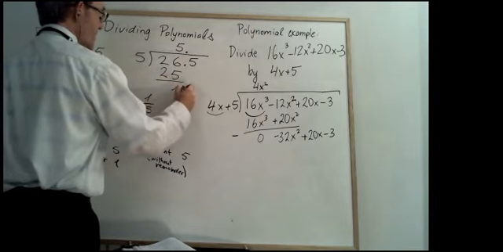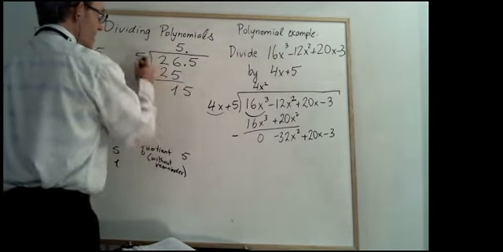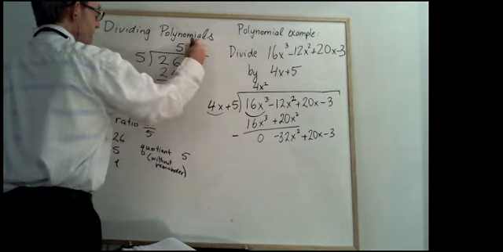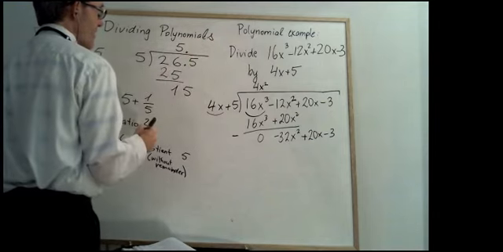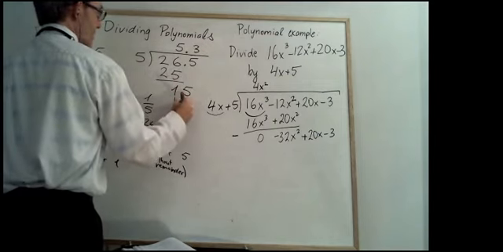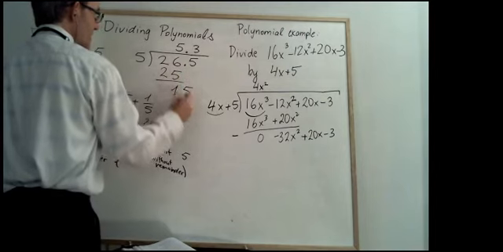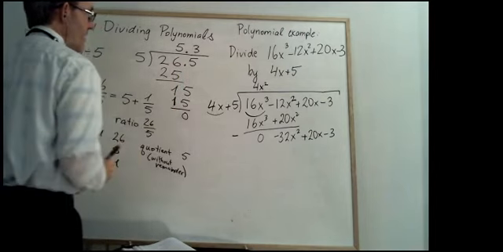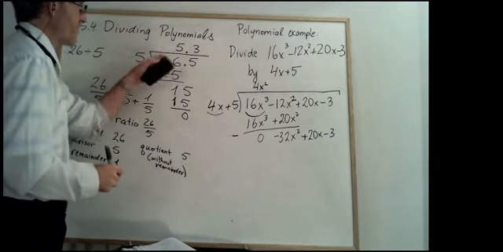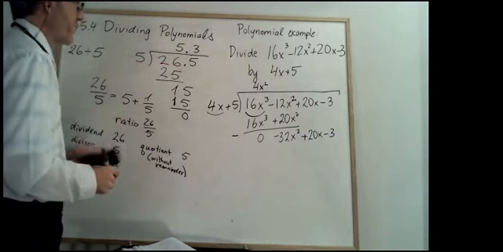We haven't finished it. So we have to bring down a 5, and then I'll divide 5 into 15, I'll get 3. That's the remainder. So we continue this whole thing, and now the remainder gives me 0. So 5 times 5.3 should give me 26.5.